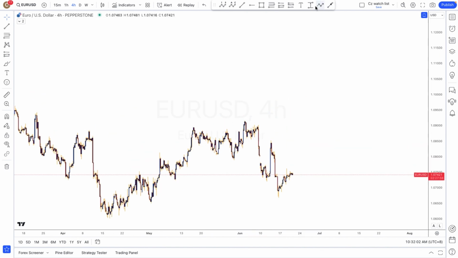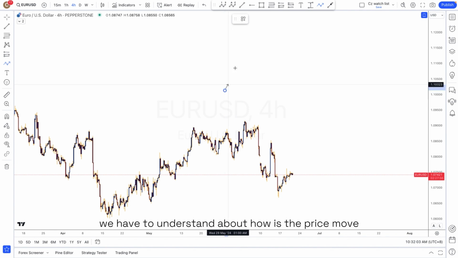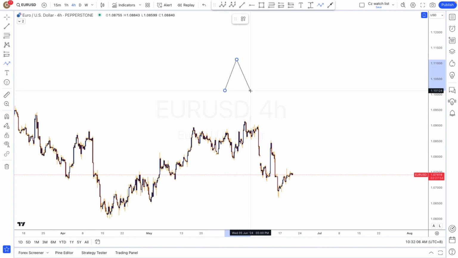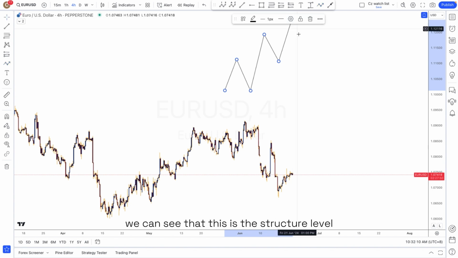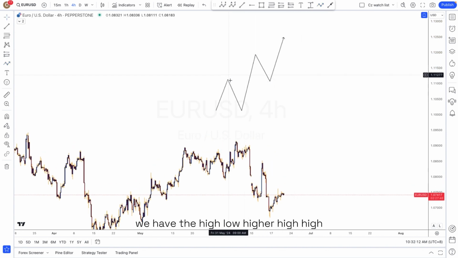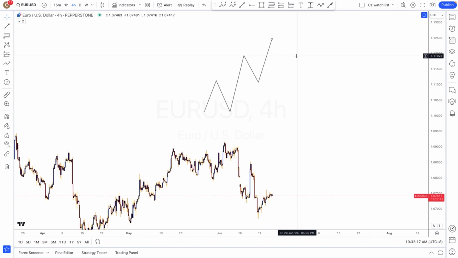So first, we have to understand how the price moves. Usually in a normal chart, we can see that this is the structural level. We have the high, low, higher high, higher low, and higher high again.